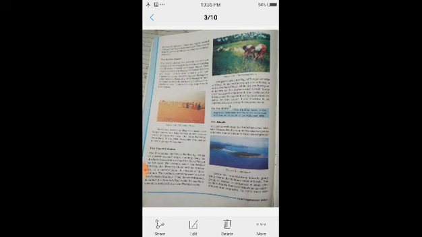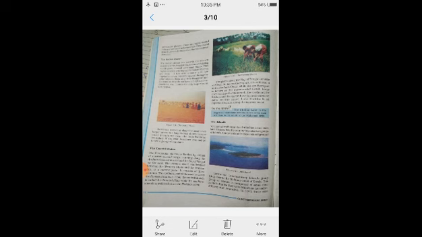Some of its features are like this. Indian desert lies towards the western margin of the Aravalli hills. Aravalli hill के western margin पे है क्या? Indian desert. It is an undulating sandy plain. Desert means obviously sandy plain covered with sand dunes.